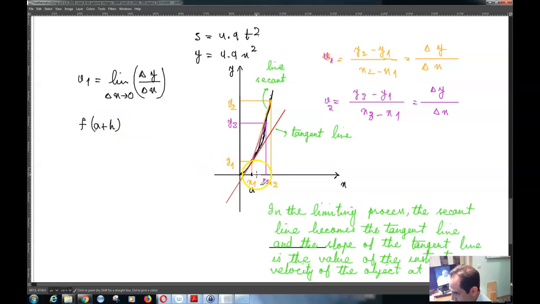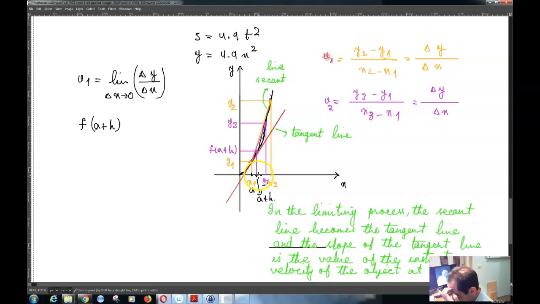For example, let's say that this point over here, you can call it a plus h. So then f of a plus h would be this point over here, on the function.